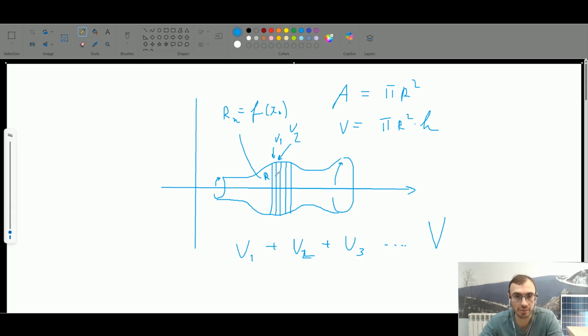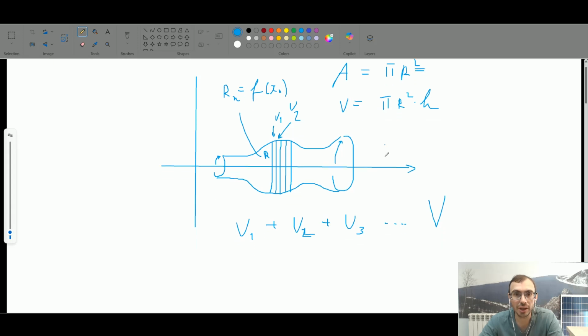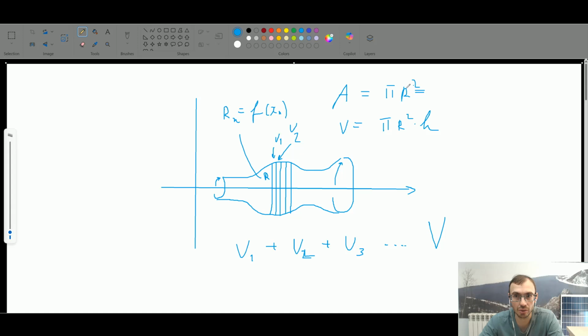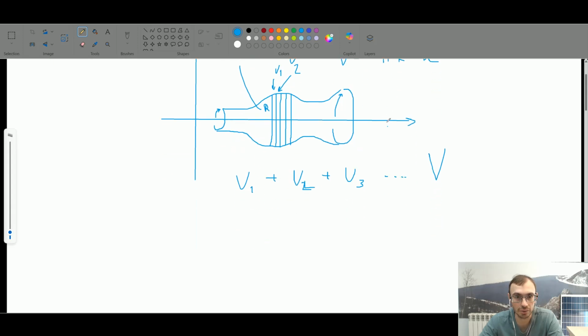Because in this case, by integrating the radiuses, by finding the definite integral, we can find the sum of all those radiuses, like in the case of the trapezium rule. Here we have r squared in the formula for the area, so we need to square the whole function to get the squares of each radius.